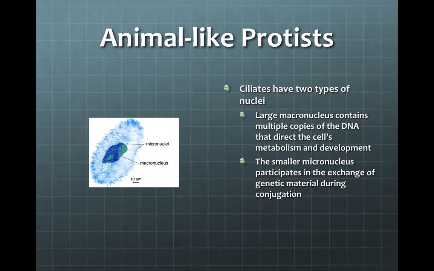Ciliates have two types of nuclei. The large macronucleus, macro means large, contains multiple copies of the DNA that direct the cell's metabolism and development. And then it has a smaller micronucleus, you can see the picture over here, and it participates in the exchange of genetic material during conjugation. That means coming together.